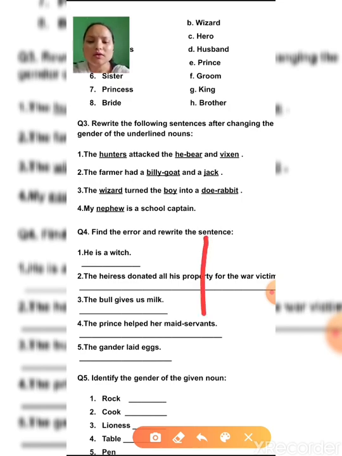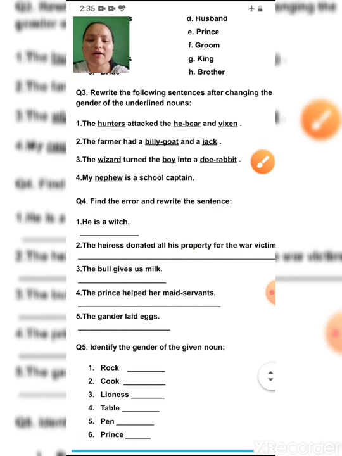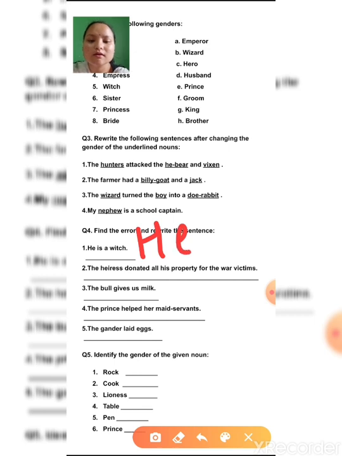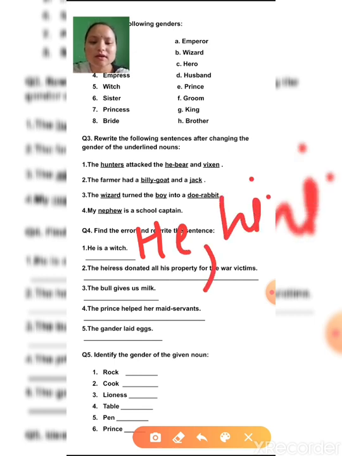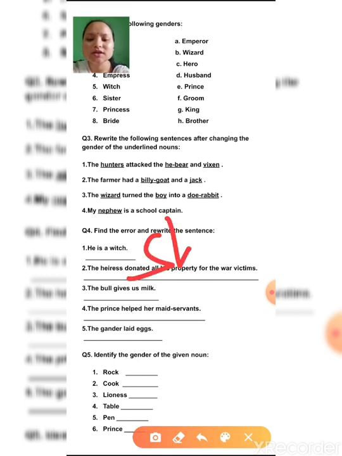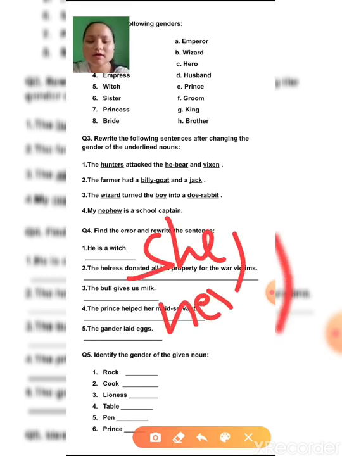Now in question 4 you have to find the error and you have to rewrite the sentence. First one is he is a witch. Now children, remember this thing. He or his is used with masculine gender, whereas she, her is used with feminine gender.